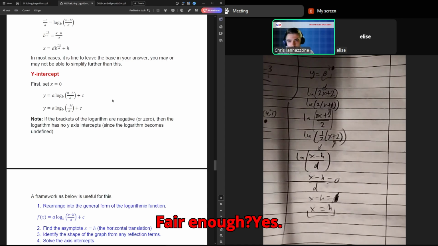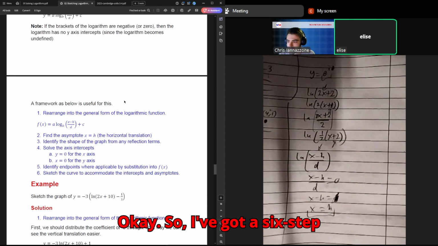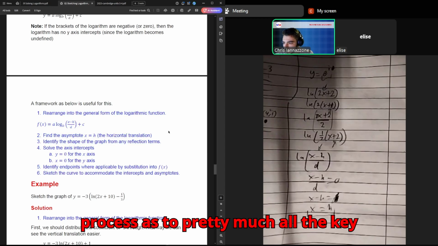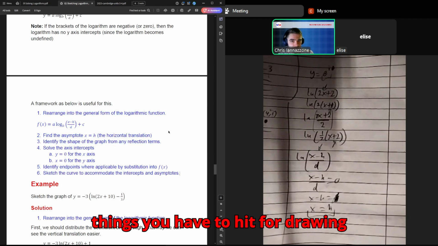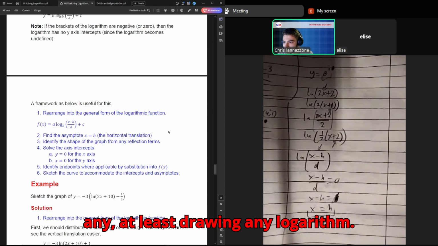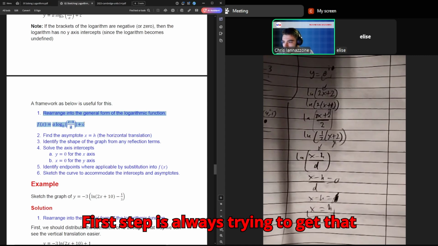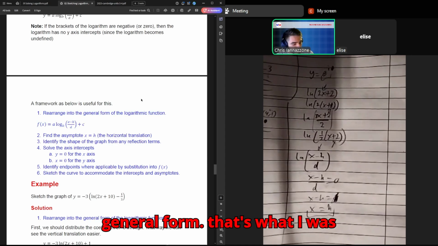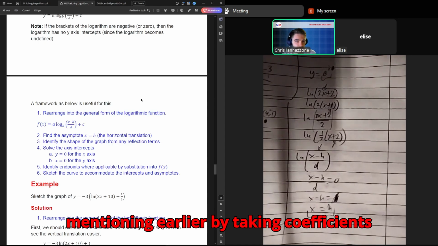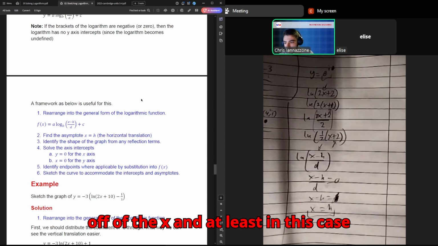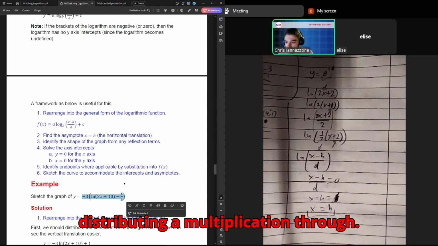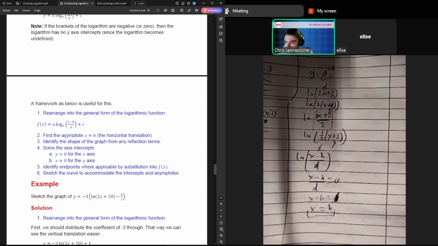Fair enough? Okay. So I've got a 6-step process covering pretty much all the key things you have to hit for drawing any logarithm. First step is always trying to get that general form. That's what I was mentioning earlier by taking coefficients off of the x and, at least in this case, distributing a multiplication through.